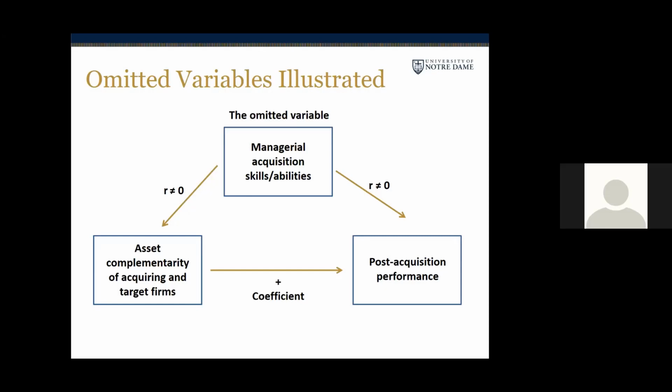Here it might be managerial acquisition capabilities, something that we just can't measure. We don't know how good managers are at doing acquisitions, at least without watching them for extended periods of time or surveying them or interviewing them or something like that. And so if that has a non-zero correlation with our independent and our dependent variable, omitted variable bias might exist.